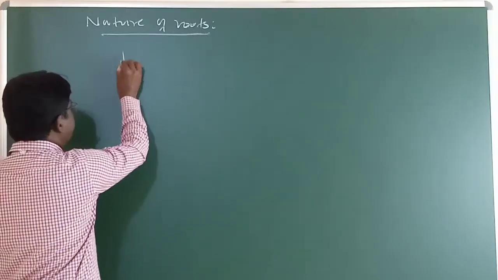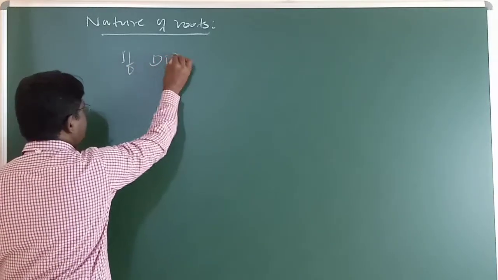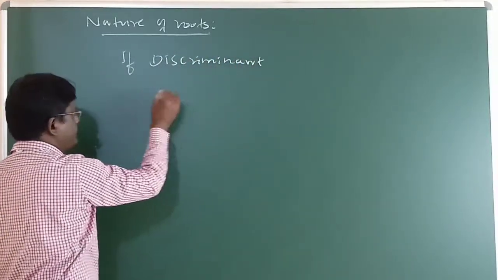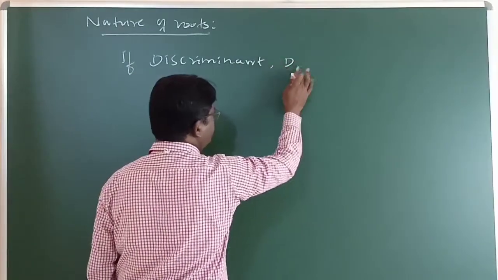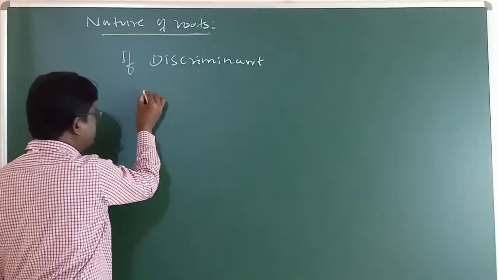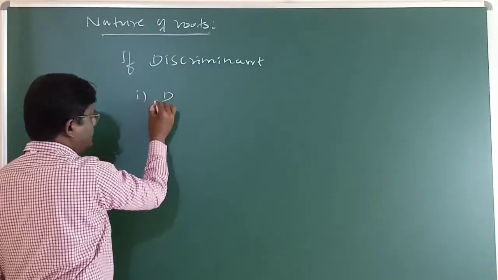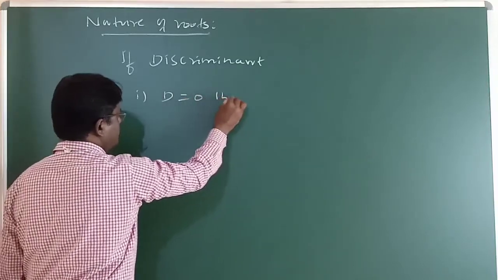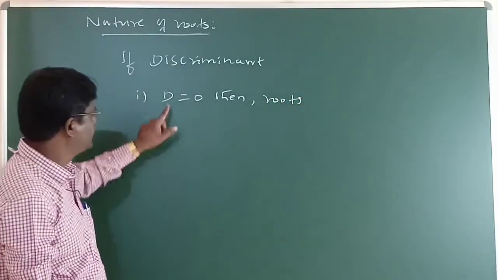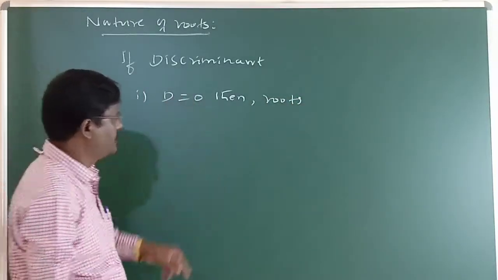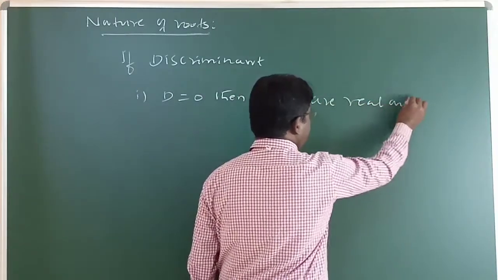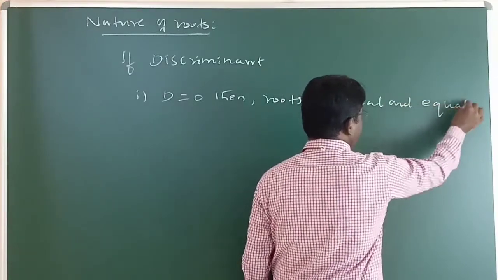Therefore, if the discriminant D equals 0, then the roots are real and equal.